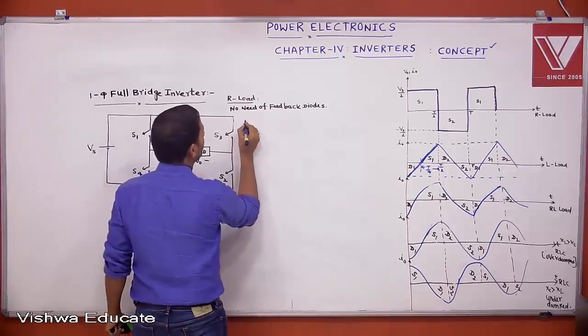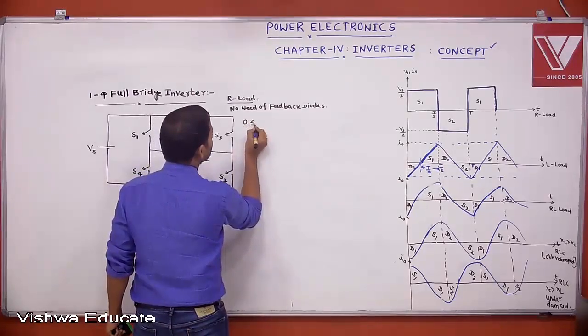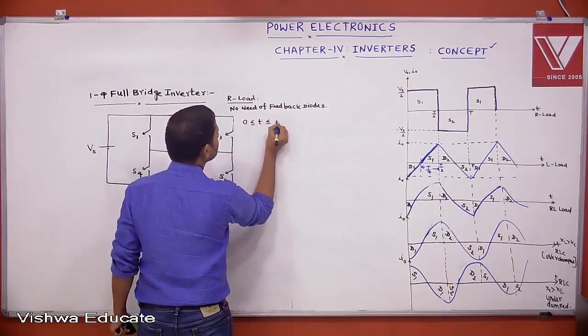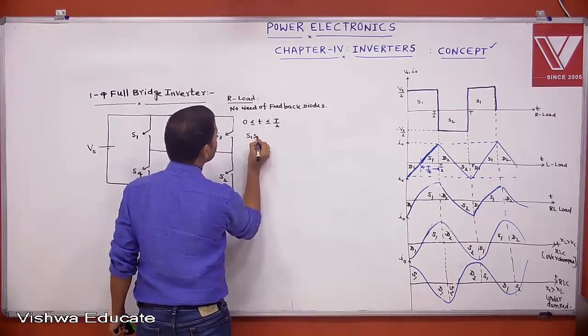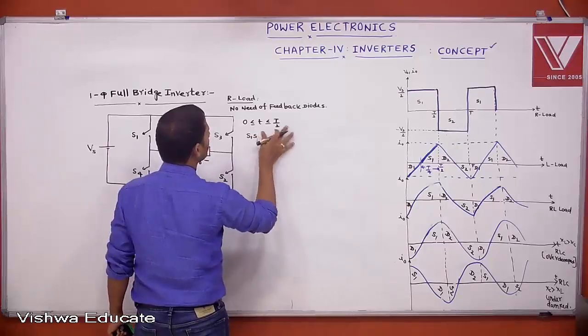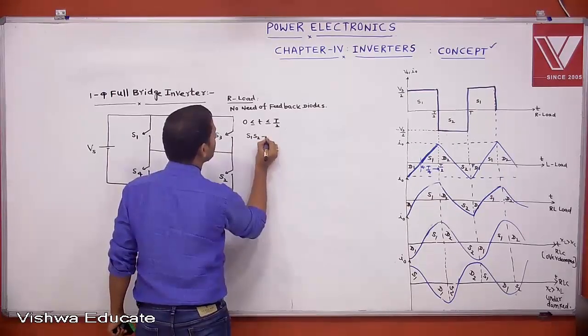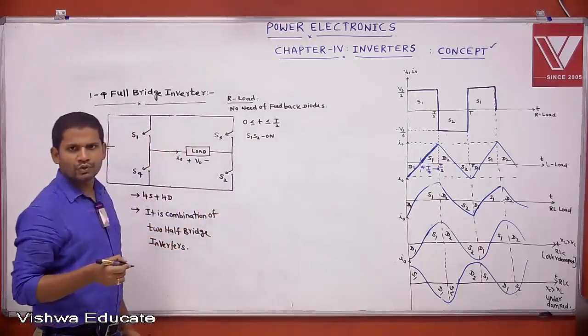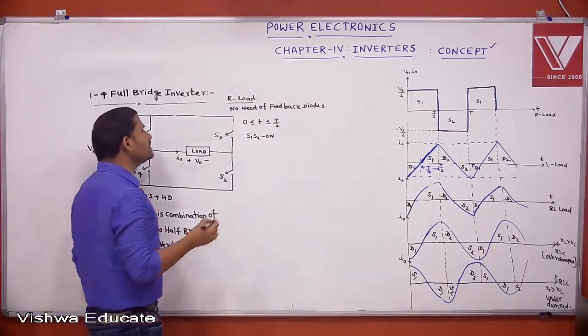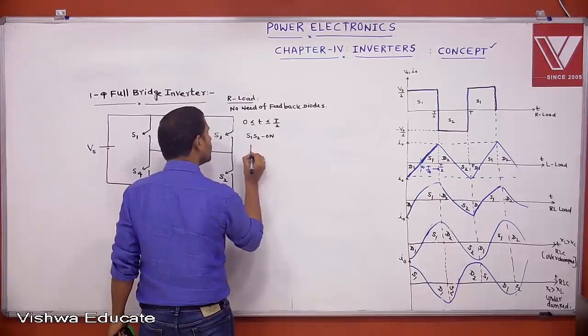For 0 less than or equal to t less than or equal to T by 2, I will turn on S1 and S2. If S1 and S2 are on, what is the equivalent?